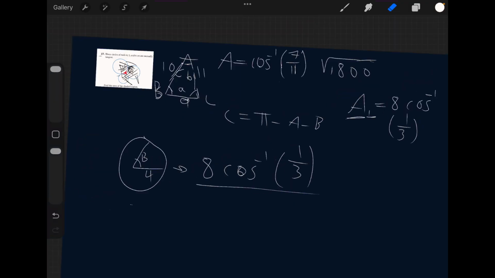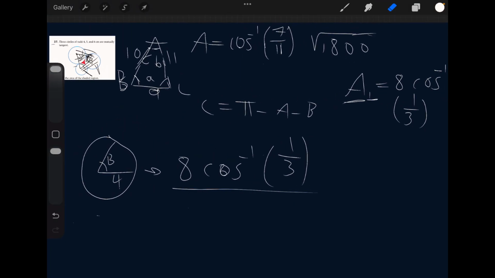Okay, and the second area is going to be the area of the circular sector with the side 6 and angle A, because that's one of the angles that we have, and that will give us half of the radius squared, which is half of 6 squared.